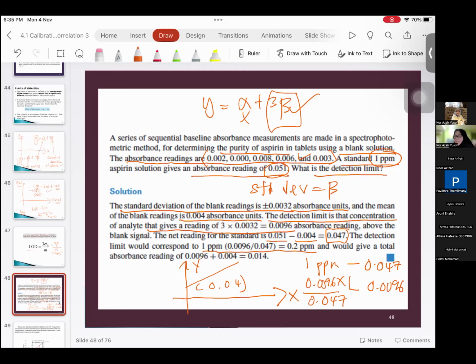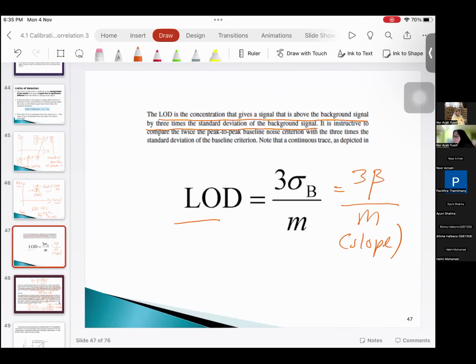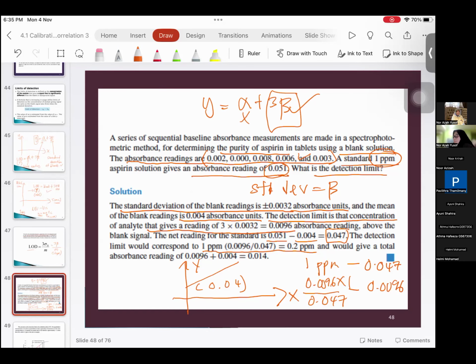So as I mentioned, there are multiple ways of calculating. Here it is considered 3 beta. I assume it's actually 3 beta over slope. But here, since it has been subtracted with the blank, the m is actually equal to 1.